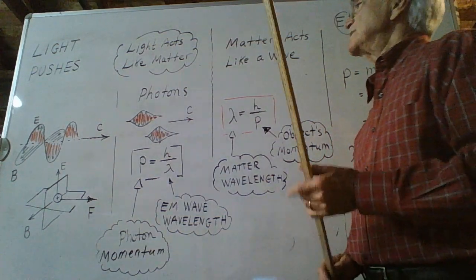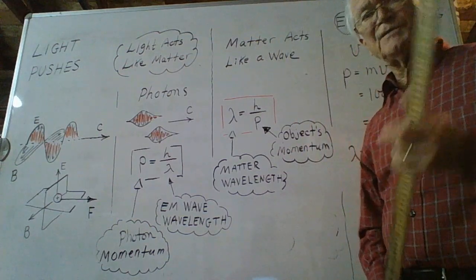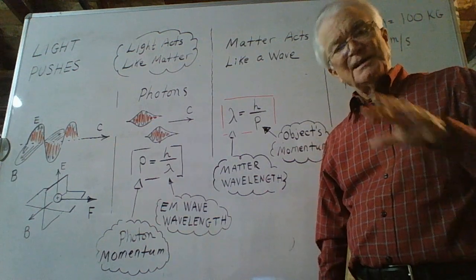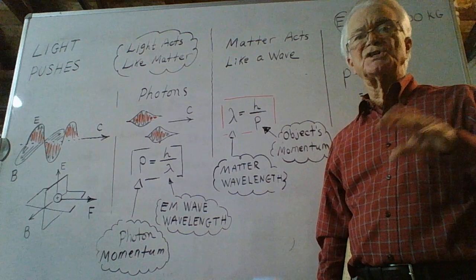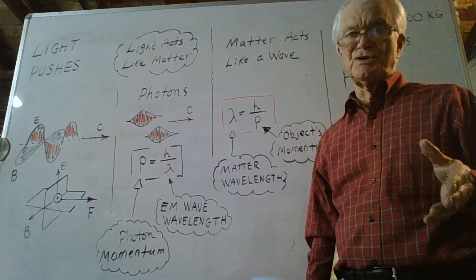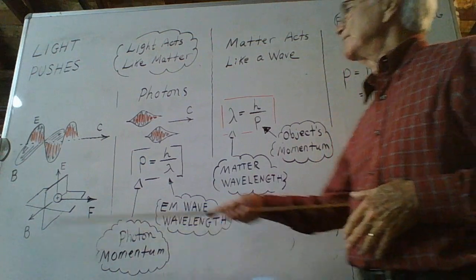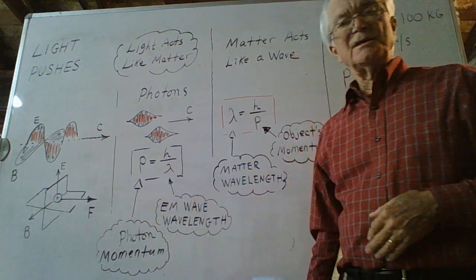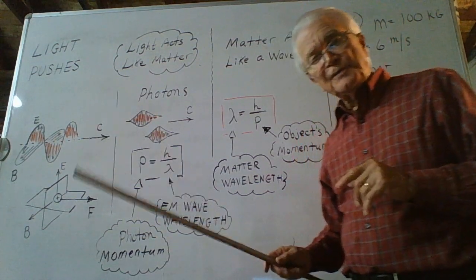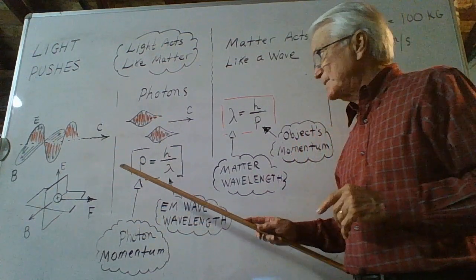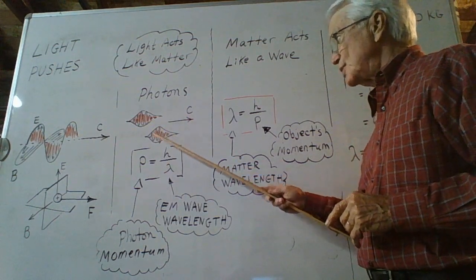Another way to see that light hits like a particle is to know that we've agreed that light has a duality. It's sometimes a wave, other times a stream of particles called photons. Those are the things we can imagine now that are striking the proton, pushing on it. Now, without proof, I'll tell you that we've long known how to calculate the momentum carried by individual photons.